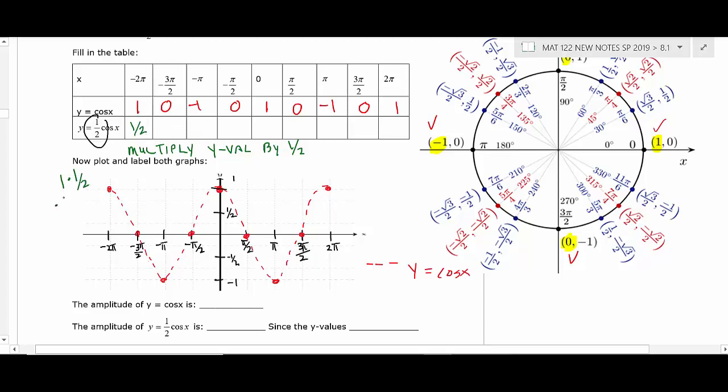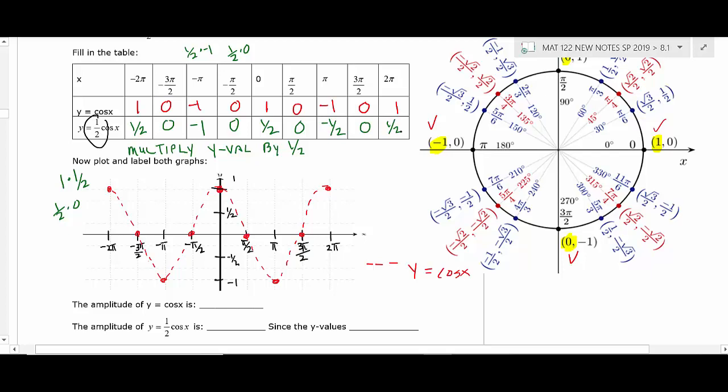If you do 1/2 times 0, you still get 0. If you do 1/2 times -1, you get -1/2. 1/2 times 0, 0, and so forth. I just want you to understand the arithmetic of why that is. All that's doing is taking the value of the cosine and chopping it in half. So then you can do it in your head. That's 1/2, that's 0, that's -1/2, 0 and 1/2 like that.